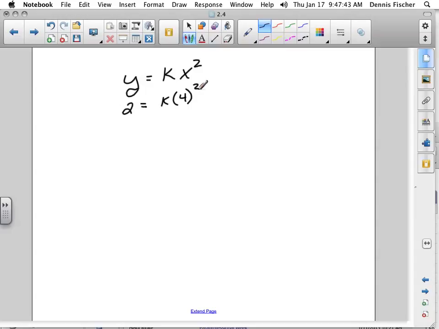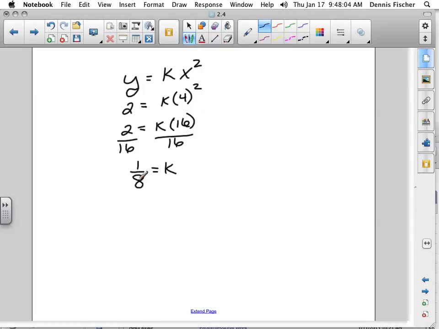It would be y over x squared. So I'm just going to solve this down. 4 squared is 16. Now if I divide by 16, I'm going to simplify right away, 2/16, which is 1/8. So k is equal to 1/8.